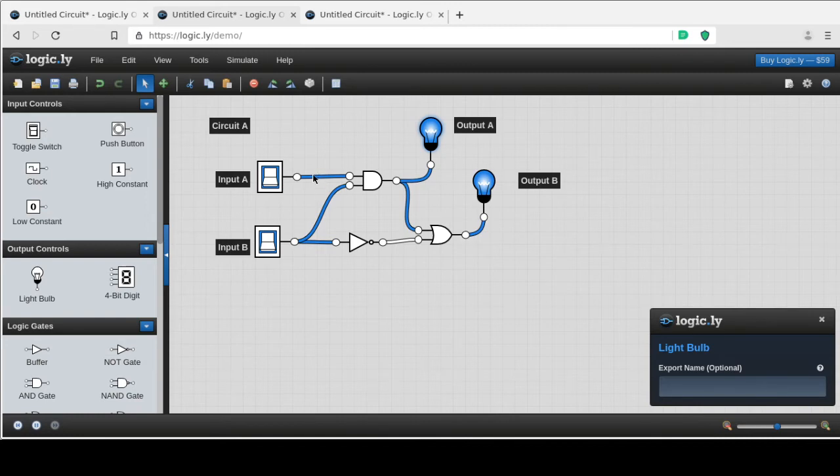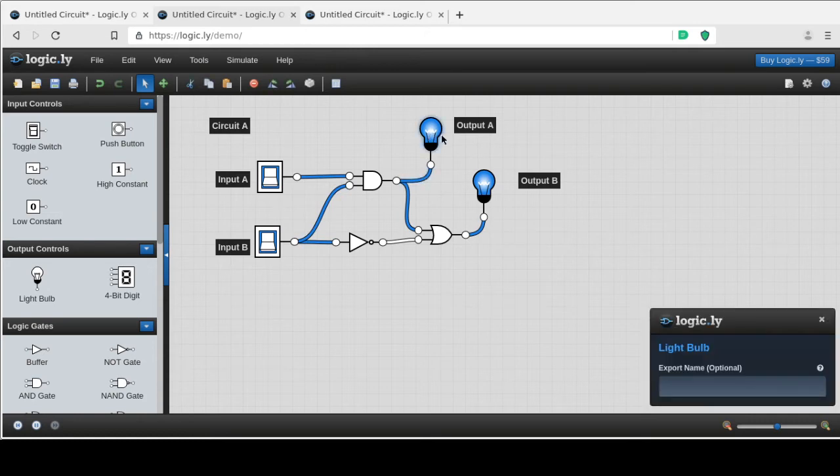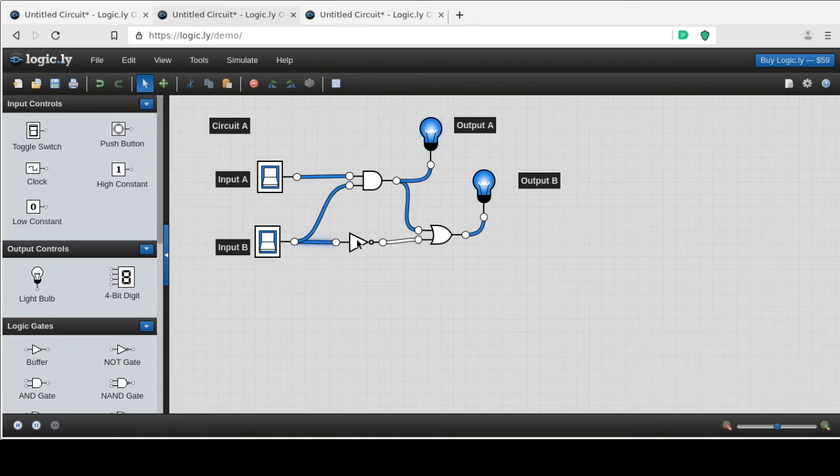Once again, switch A is on, so it feeds a 1 to the AND gate. Switch B is on, so it feeds a 1 into the AND gate. 1 and 1 is 1, so what comes out of the AND gate is a 1. And that 1 means that light bulb A is turned on. But there's more. Switch B also feeds into the NOT gate. That means that the 1 that goes into the NOT gate turns into a 0.